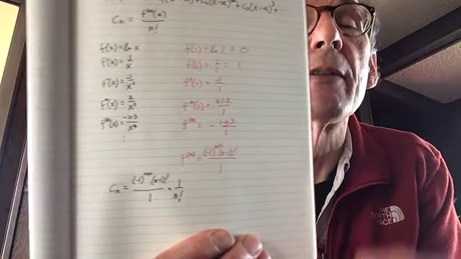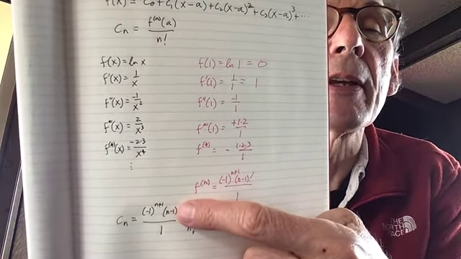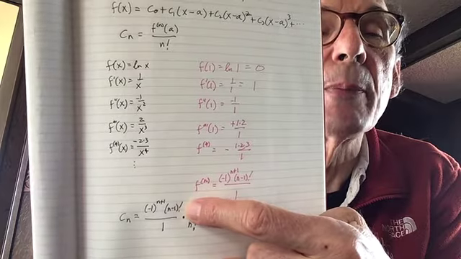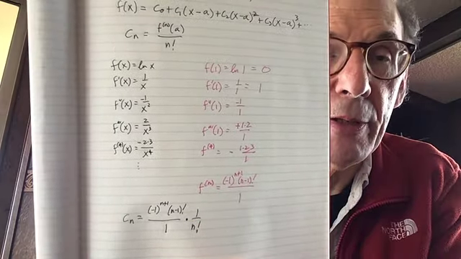So the nth coefficient, I was using c's before, so I will do that again, is I'm going to copy down the nth derivative, minus 1 to the n plus 1, over n minus 1 factorial on top, divided by 1. And then I'm going to divide that, you're going to divide it too, by n factorial. Now, think about this for a second. N minus 1 factorial means 1 times 2 times 3 up through n minus 1.